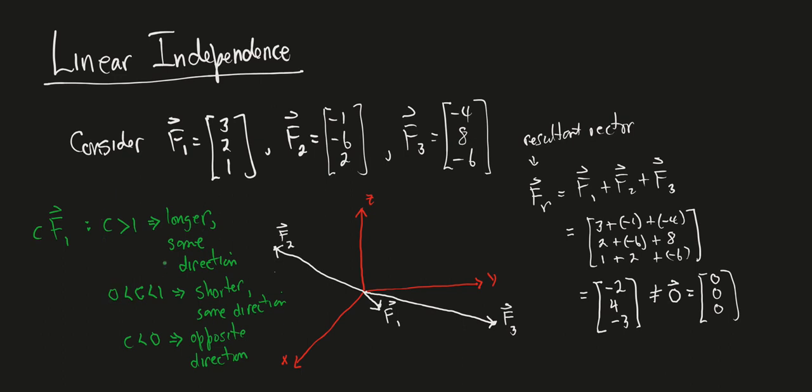We want to multiply each of these vectors by their own scalar, such that when I add the scaled vectors together, can I get the zero vector? So let me write down algebraically what we're asking.